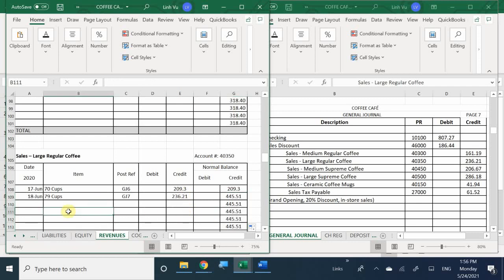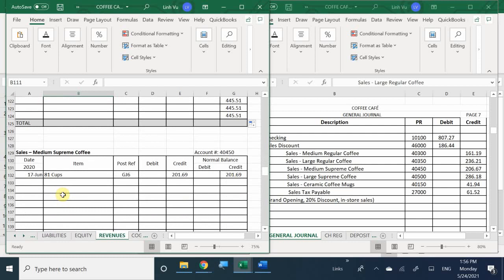That gives you a running balance of 445.51. Good. EDM was 83 cups, at 206.67. That should give you a running balance of 408.36. Good.